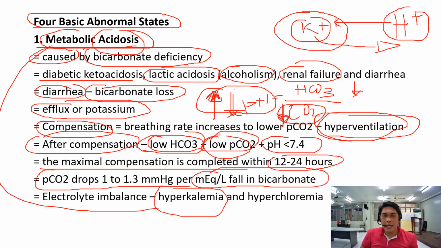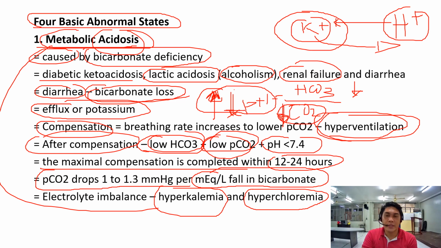For electrolyte imbalance, you have hyperkalemia. It's because of the efflux of potassium. That's one way how our body tries to compensate or to maintain homeostasis of our blood pH. For hyperchloremia, there is an increase in chloride because there's a decrease in bicarbonate.